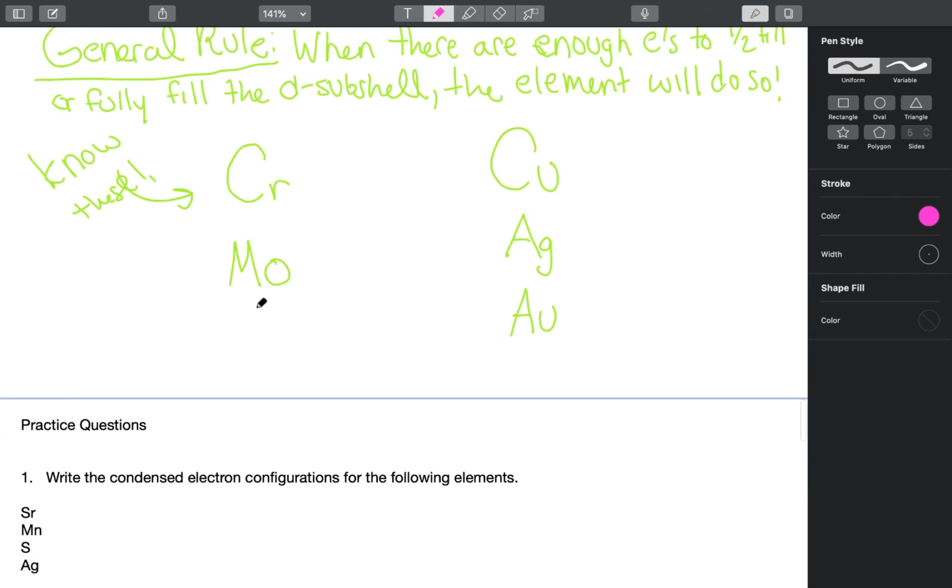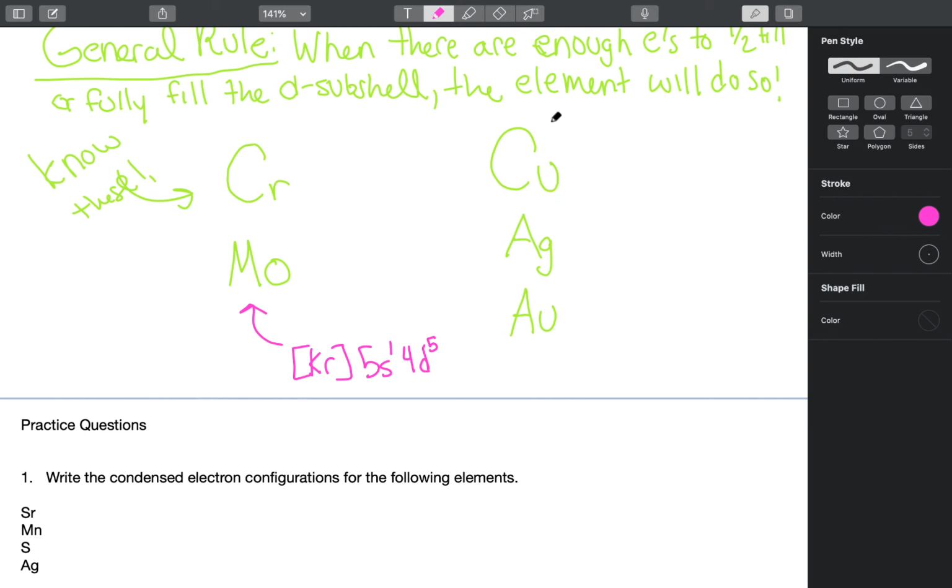And the electron configuration for molybdenum would be, not chromium, it would be krypton for the noble gas core, 5s1, and then 4d5. So that would be your molybdenum electron configuration.